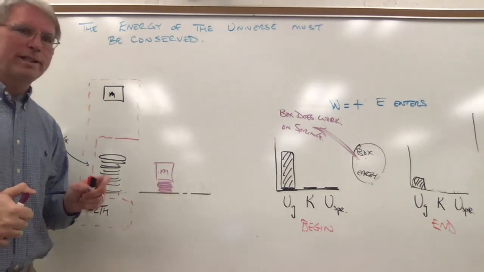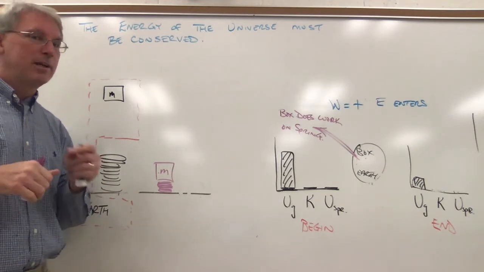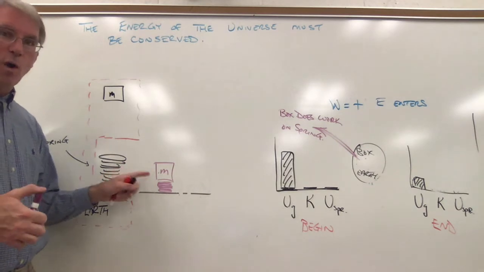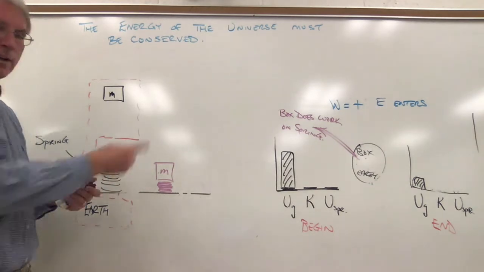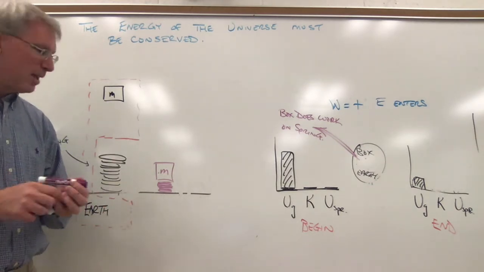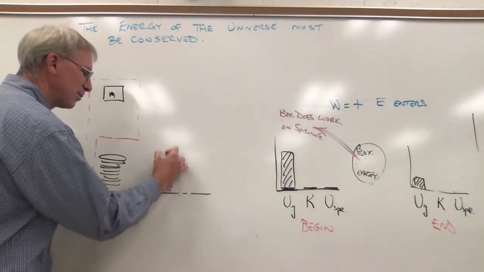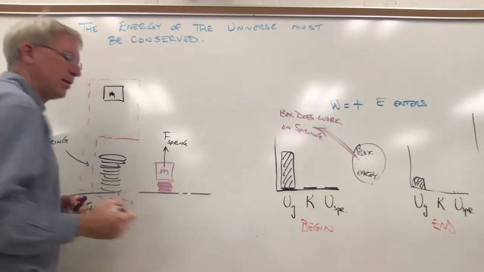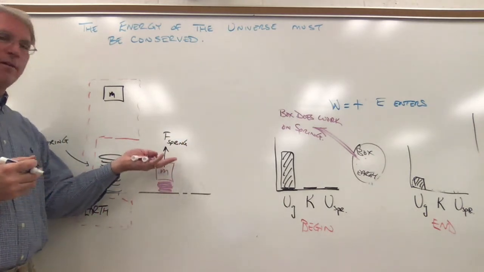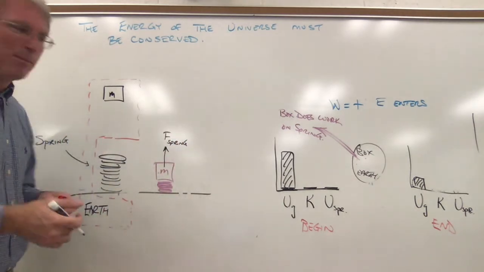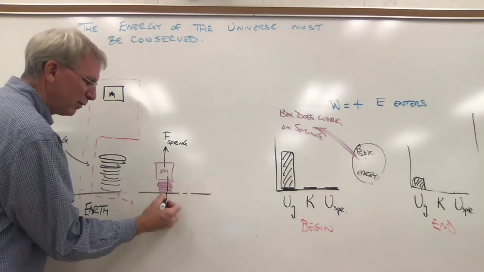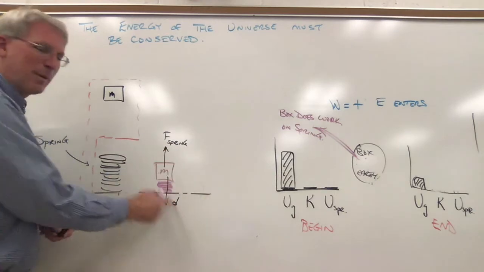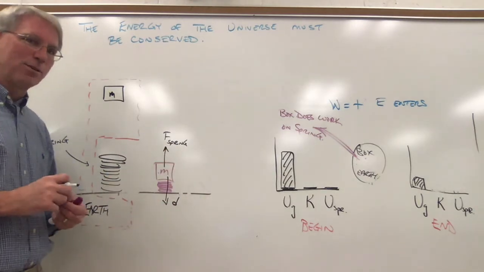Now, we are only interested in the mass because it is the only thing that's part of our system. So what are the forces on this thing? Well, we have a gravitational force pulling it down, and a force from the spring pushing it up. So there's a force of the spring pushing it upward, but the mass itself is moving downward. So now when I multiply my force times my distance, they're in opposite directions.